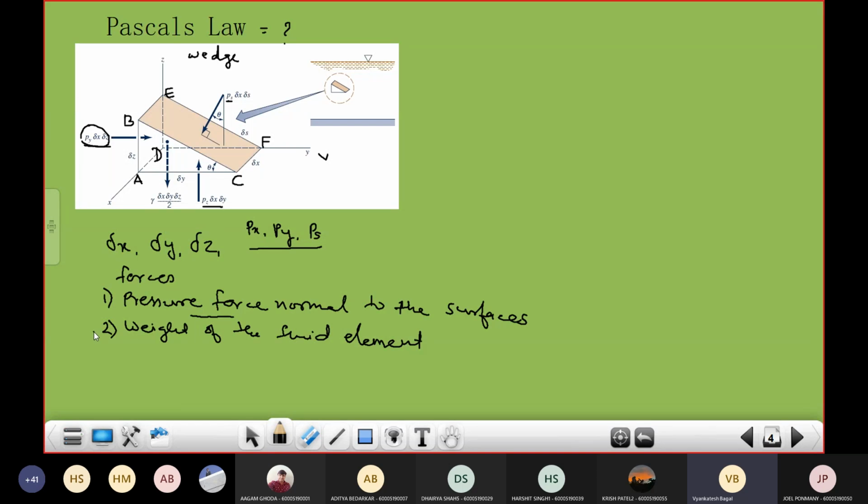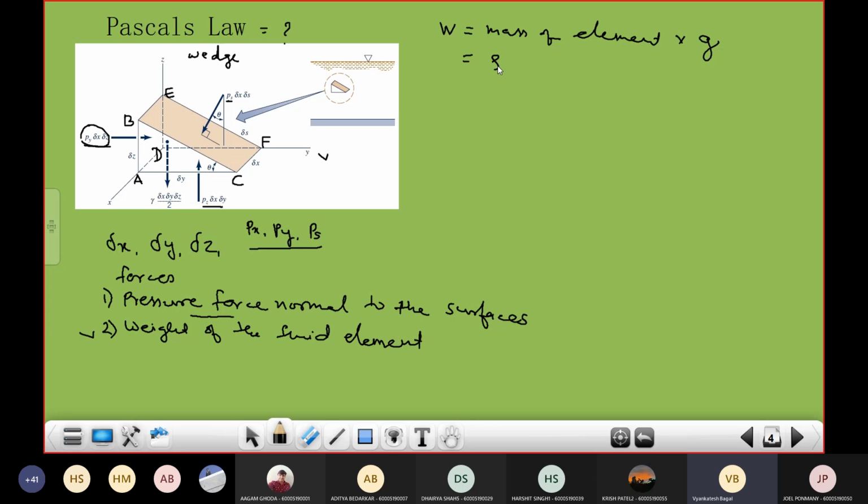Now, second, you have to write the expression for the body force, which is nothing but the weight of the fluid element. How will you write the expression for the body force or weight of the fluid element? Let us say capital W is the weight of your fluid element. So W will be given as the mass of the fluid element multiplied by acceleration due to gravity g, right?